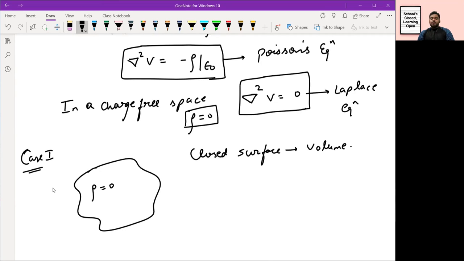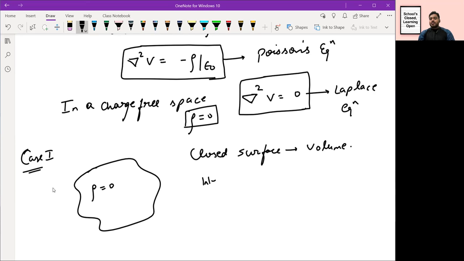Now, what we need to prove in the first case is that there cannot be a maxima or minima of potential inside this closed surface, within this volume.